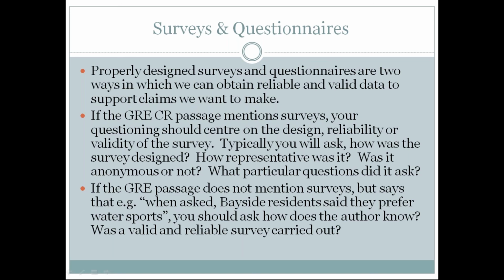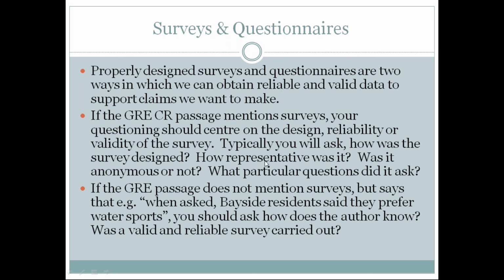Was it anonymous, for example, because we know that a survey that's designed anonymously will probably get a different type of answer from one that was not. What particular questions did it ask? Were they leading questions? Was the sampling done in a random manner? These are the standard sorts of social science questions that you want to ask.